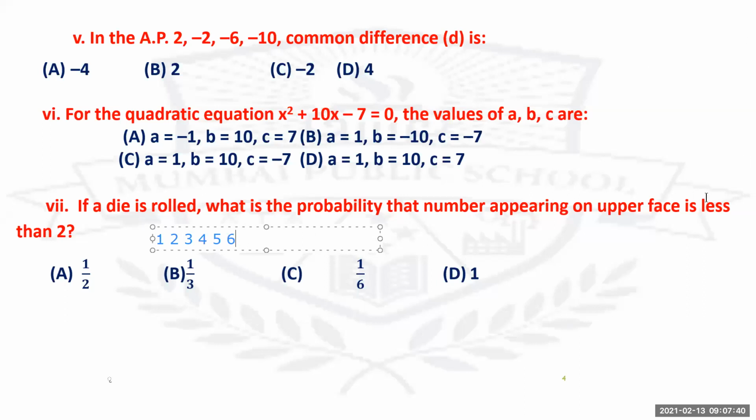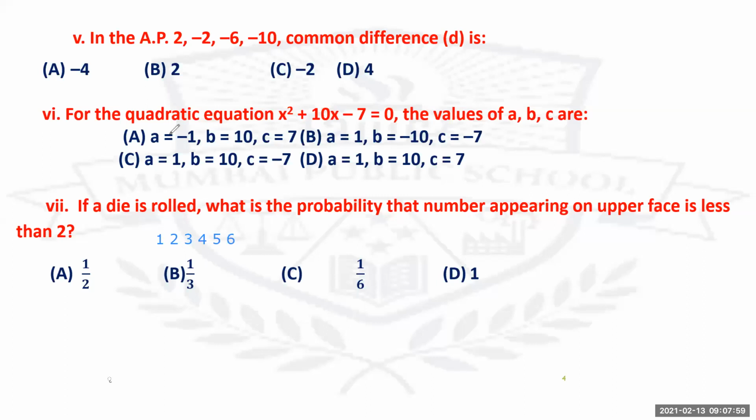Now, the question is less than 2. So are you going to include 2 in that? From the numbers 1, 2, 3, 4, 5, 6, which number is less than 2? You'll get that number as 1.